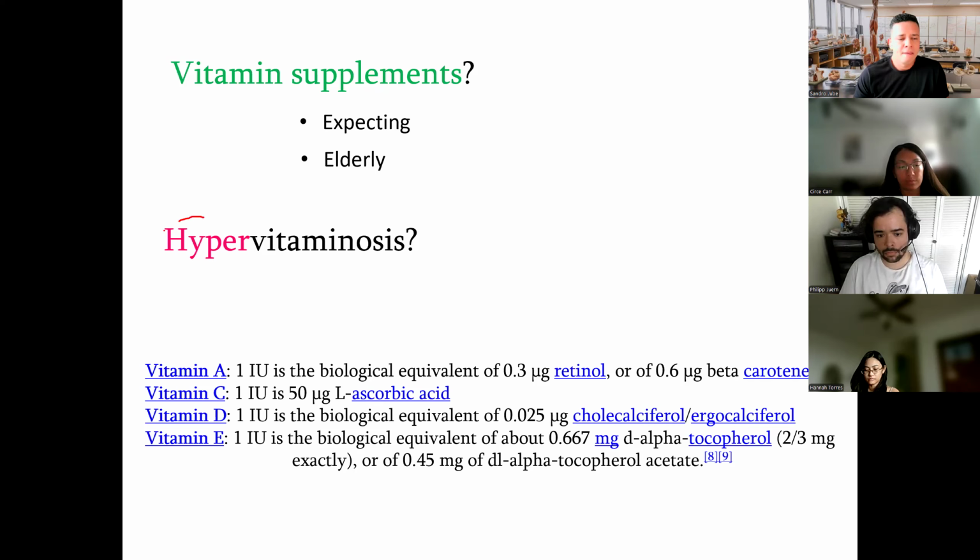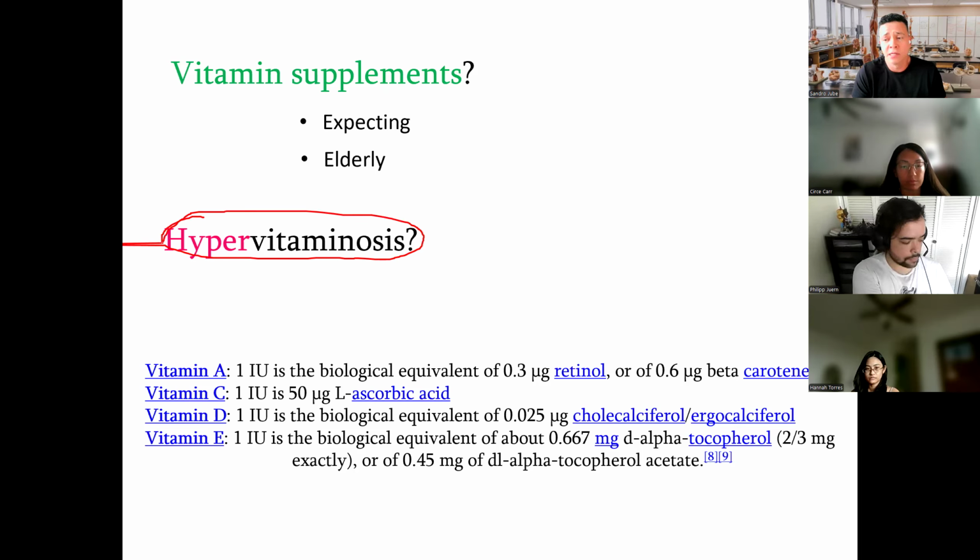Now, let's talk about something called hypervitaminosis, which can be a serious issue. And hypervitaminosis means too much intake of vitamin. Some people have this idea, guys, this thought process.